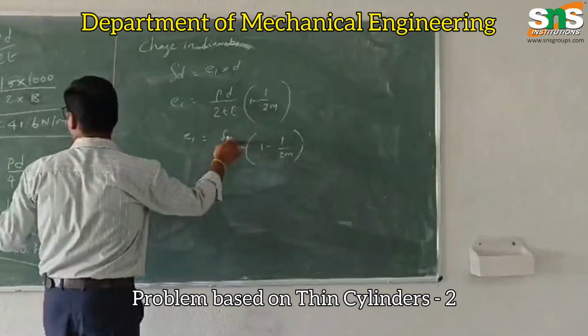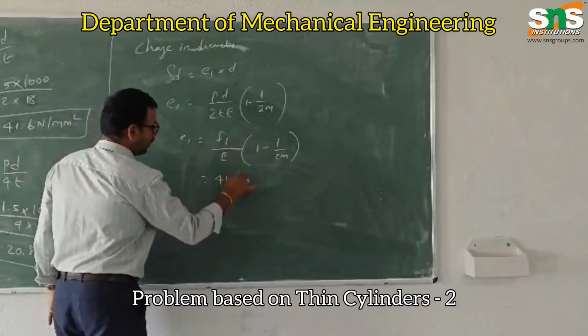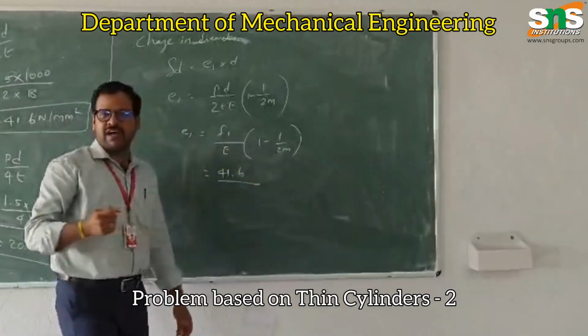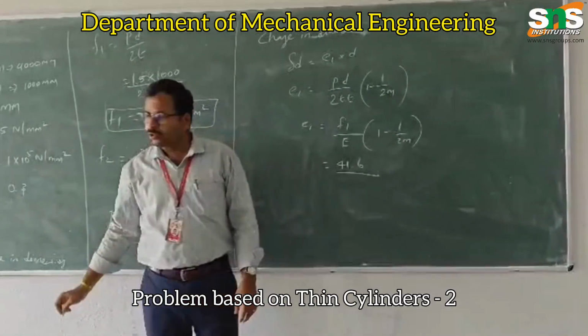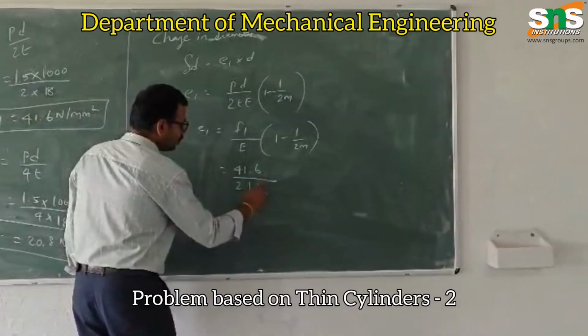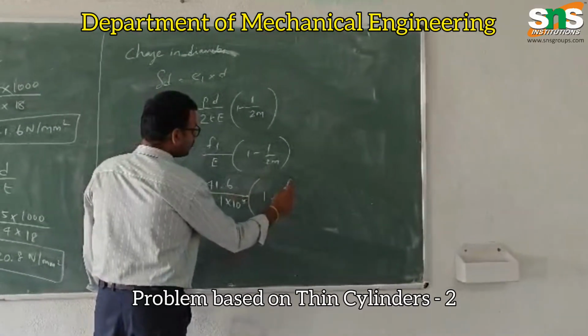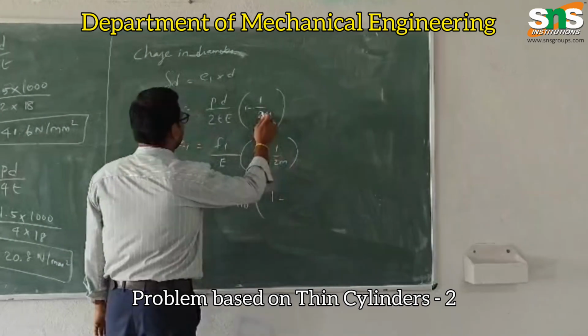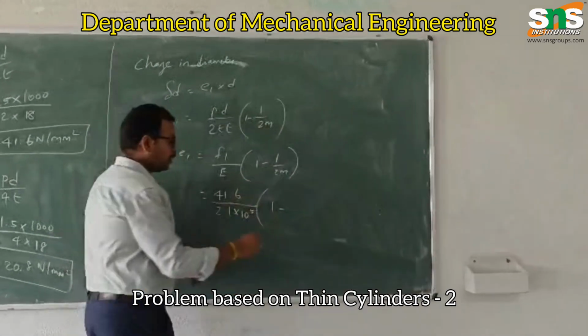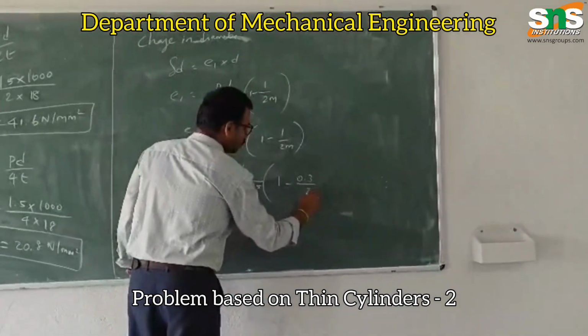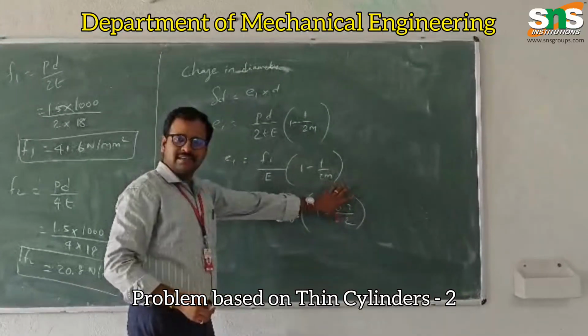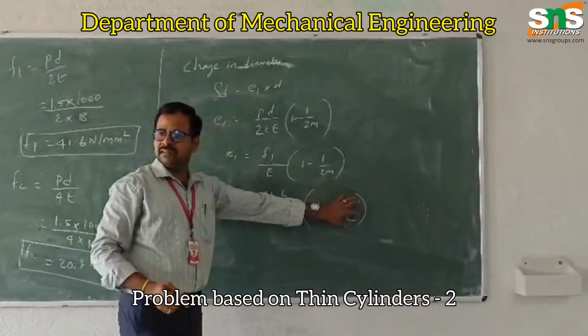So f1 value is 41.6 divided by, what is the E value for the given material? 2.1 into 10 to the power of 5, into (1 minus 0.3 by 2). You can simplify those. What is the answer you are getting?